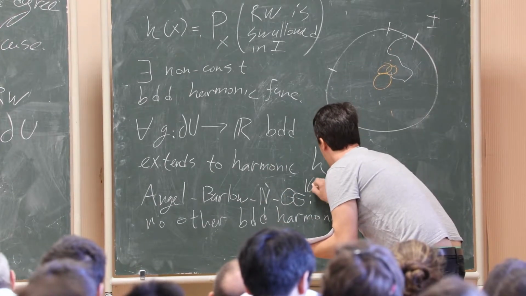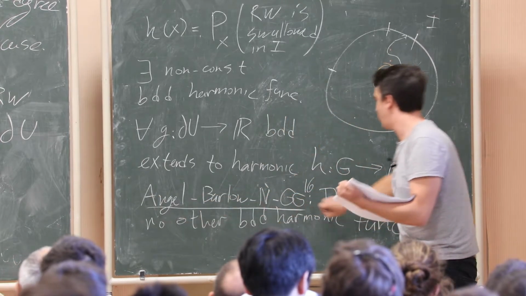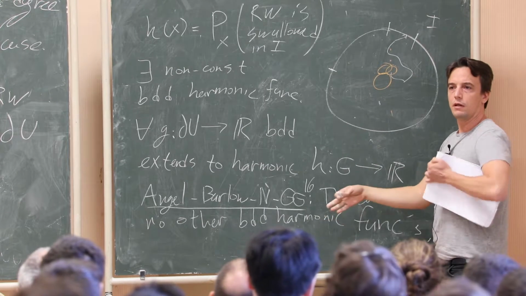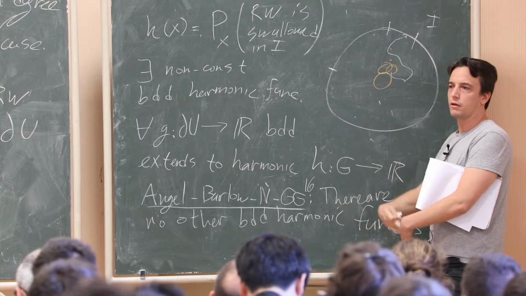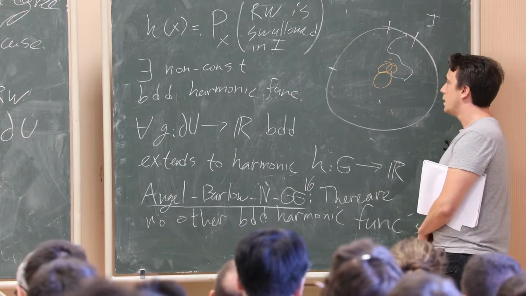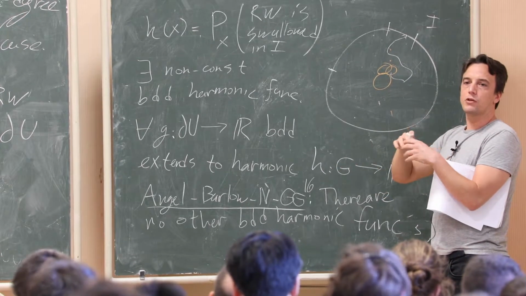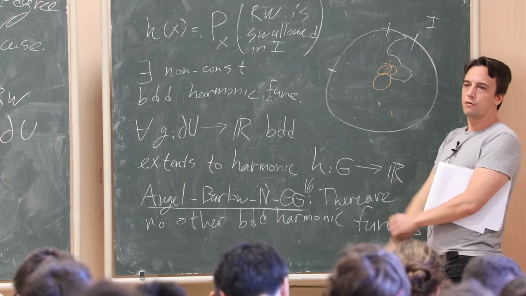It's 16, but it just took a long while to be published. This is from 14. So the probabilistic meaning of the statement that there are no other harmonic functions is that there is no other information about the long-term behavior of the random walk.